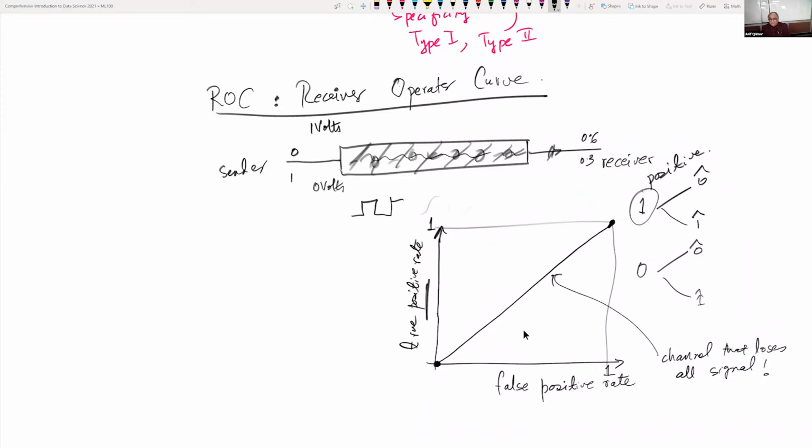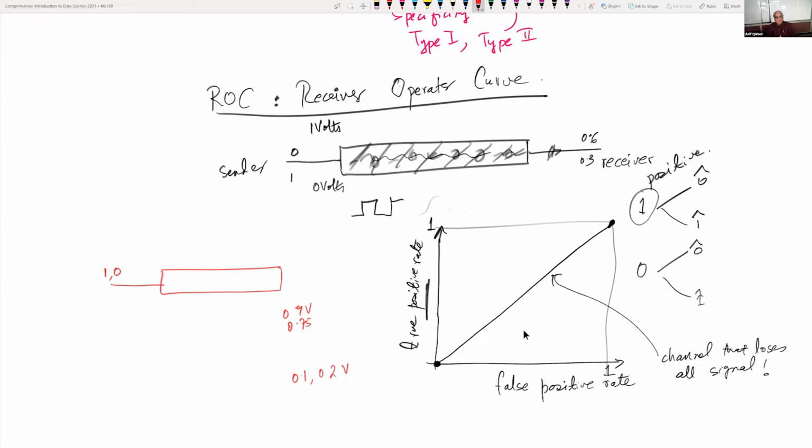Right. Now, on the other hand, let's just say that the signal is fairly clean. Let's take the other situation. You have another nice channel where 1s and 0s go in. Let us say that 1 gets diminished to 0.9 volts, 0.75 volts, etc. And 0 at most gets pushed to 0.1 volts, 0.2 volts, right?